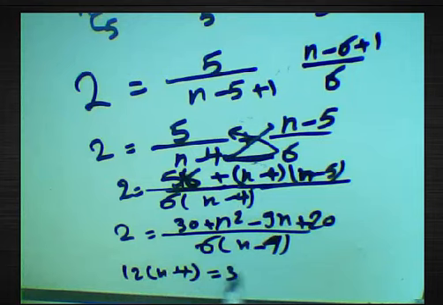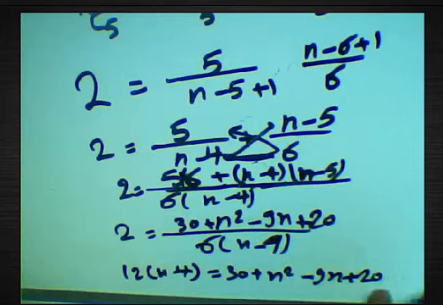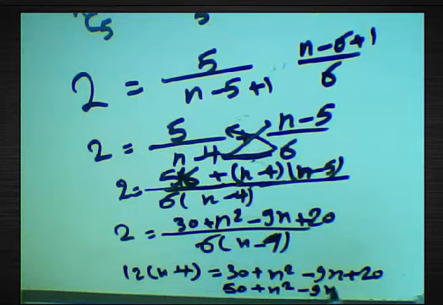It will be 30 plus n power 2, and negative 9n plus 20 plus 30 equals 50.